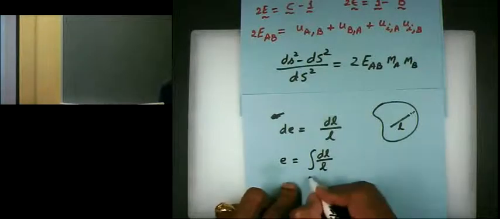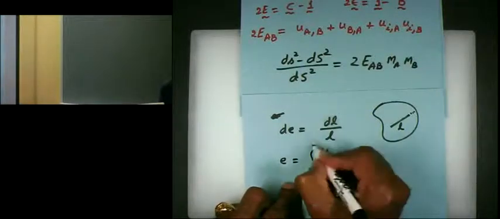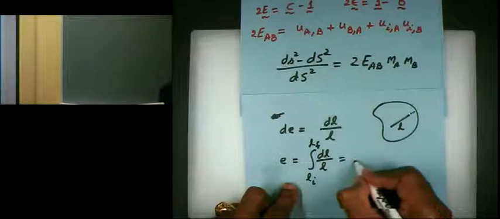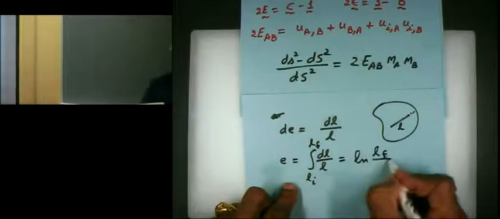And in this case, going from L initial to L final, you get log of L final over L initial. But if you put undeformed length, then you don't get anything like this. Then you cannot deal with the large strains, basically.